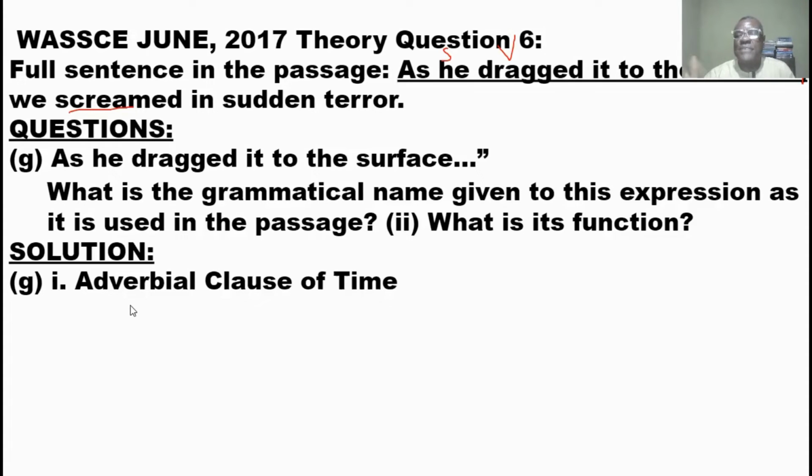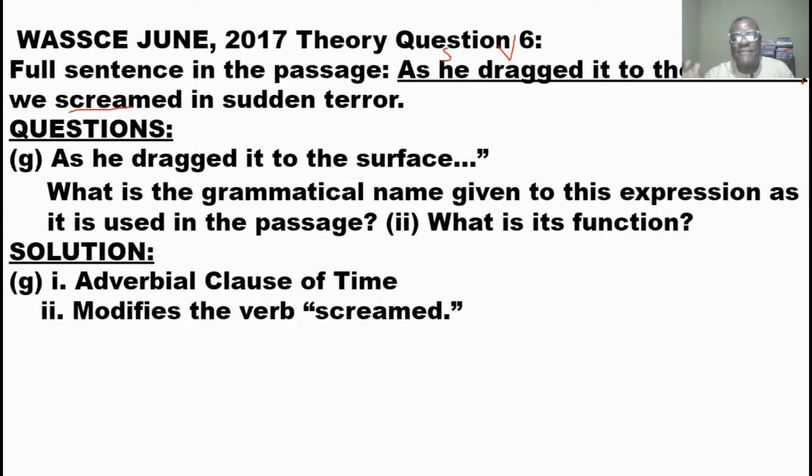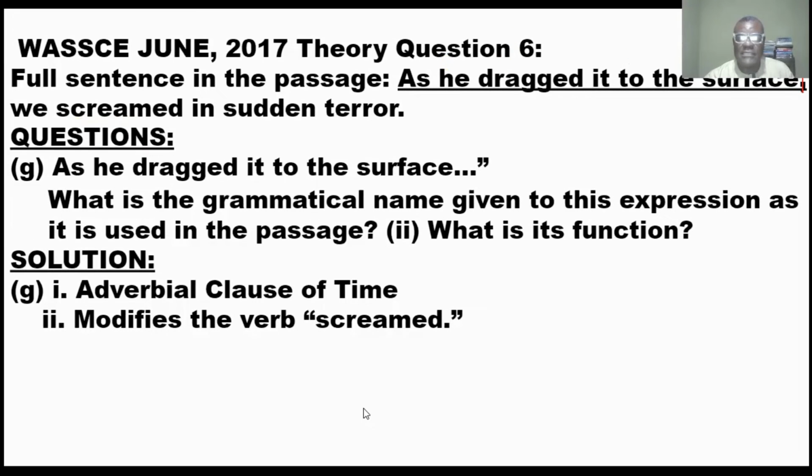And you don't have to say the function is blah, blah, no. Write it modifies the verb screamed, and you get the maximum marks, okay? So let's now undo the marks and again go to our next question, okay?